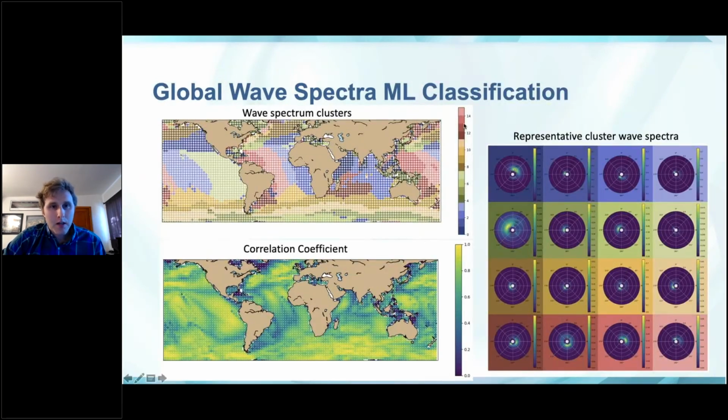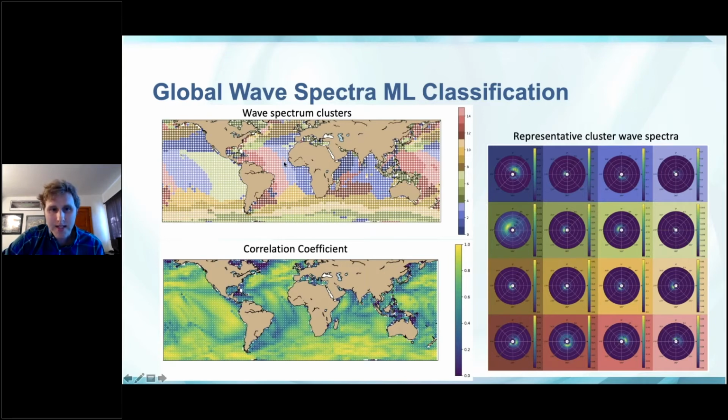So we take a look at the global wave spectra. We've done work with machine learning on this project to classify time-averaged wave spectra. And so the upper left plot has colors that correspond to representative spectra of the corresponding colored box. And so that's the best fit of what the average wave spectra in that location looks like.